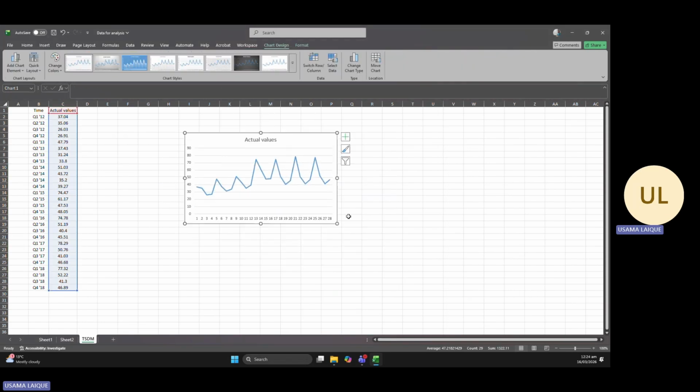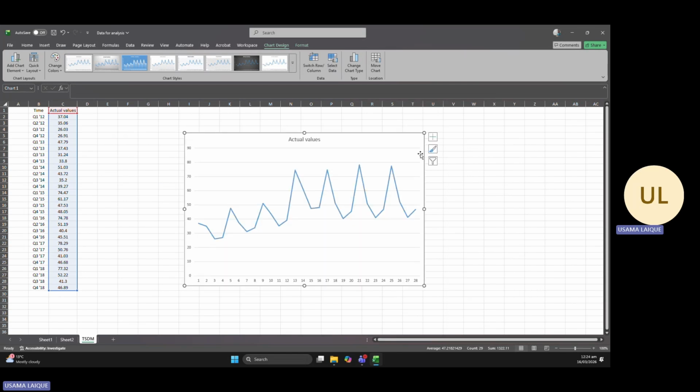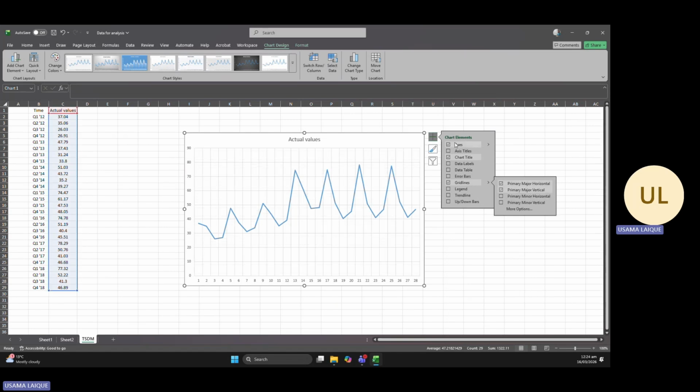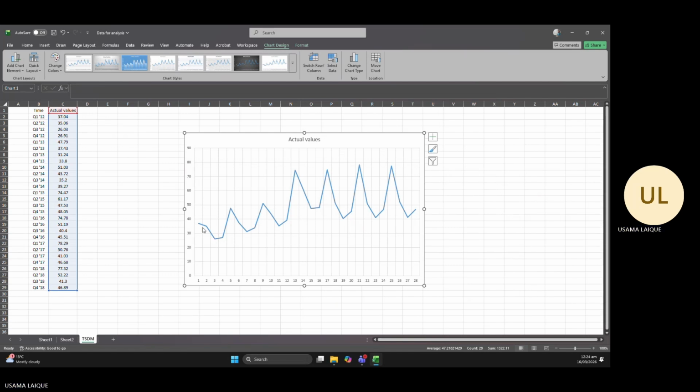If we plot this data, and introduce a few grid lines, maybe major vertical. Now, this is a peak which appears in quarter 1 of 2012, and then again you got a peak which appears in quarter 1 2013, since it's the fifth value right here, so we can change that.